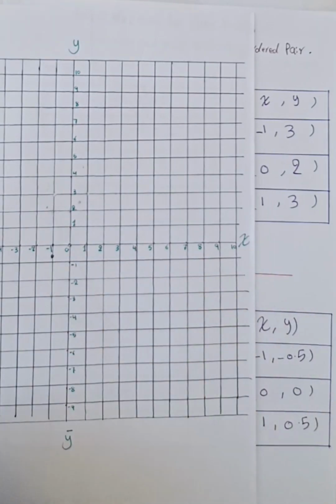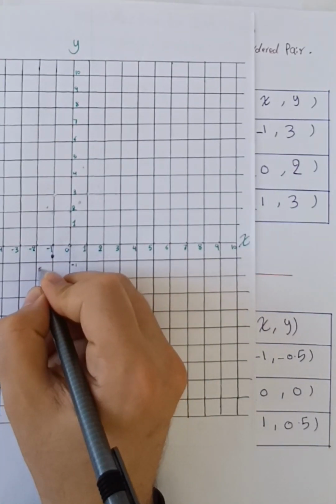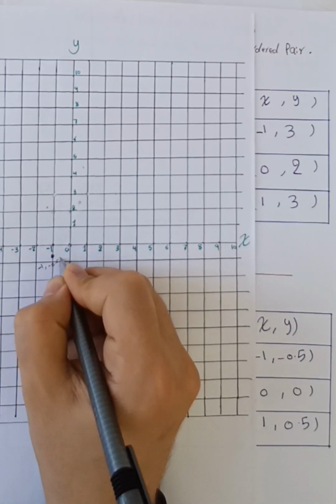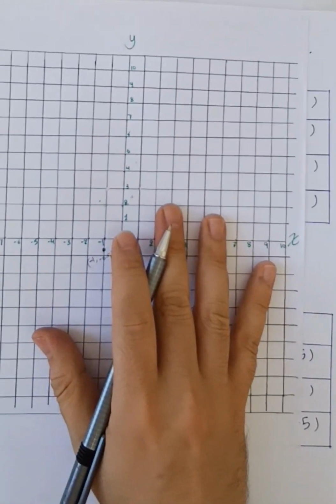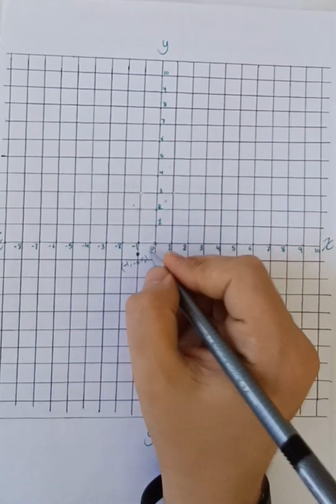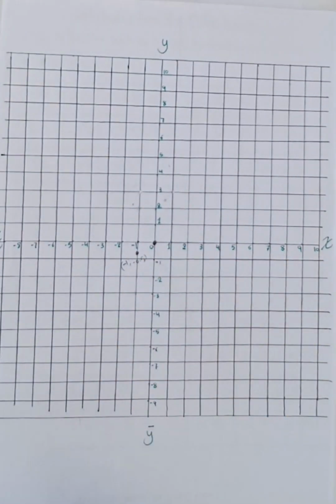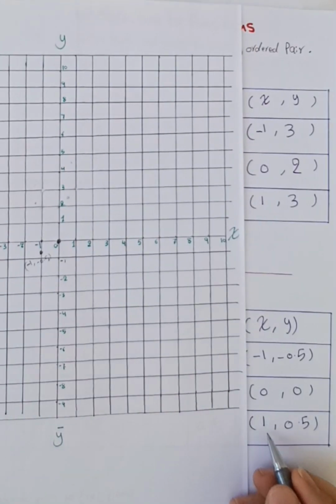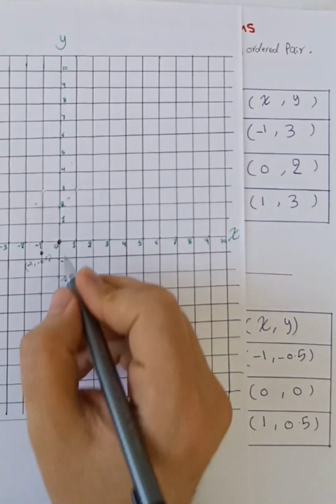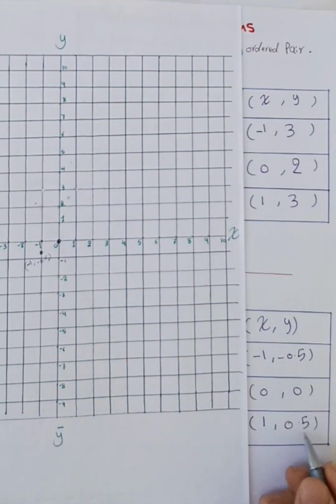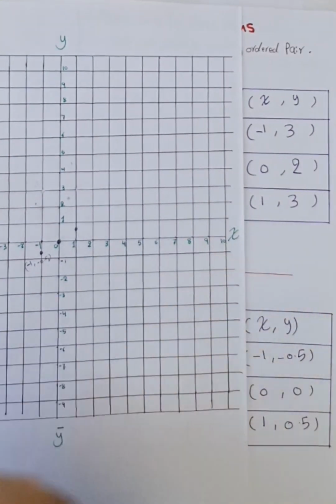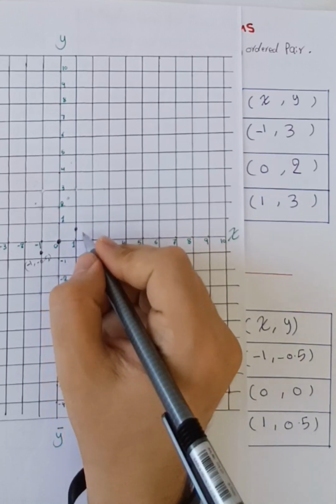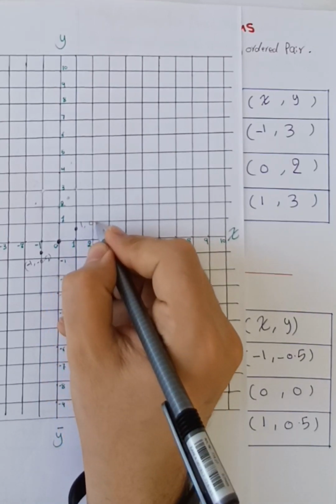This is -1 and -0.5. After that, the second we have 0 and 0. 0 x and 0 y here. After that, we have 1, x is 1, this is 1, and 0.5 is y. So we have to write here. This is 1 and 0.5.